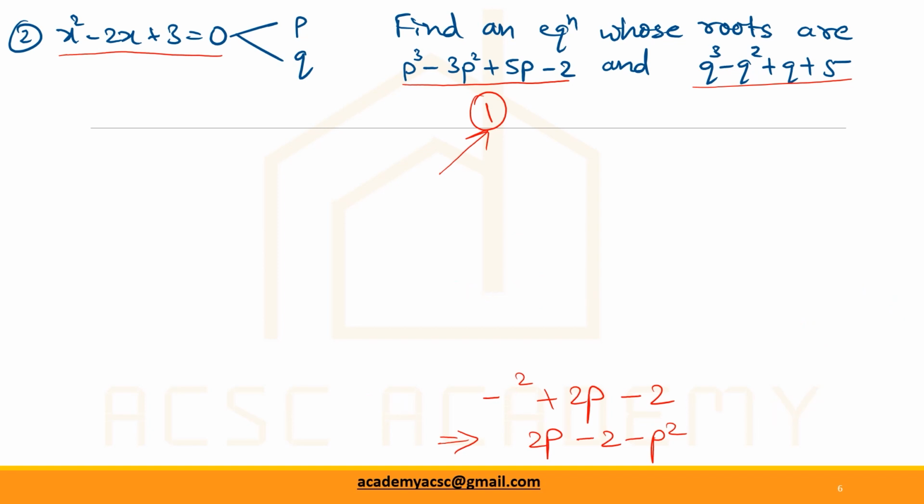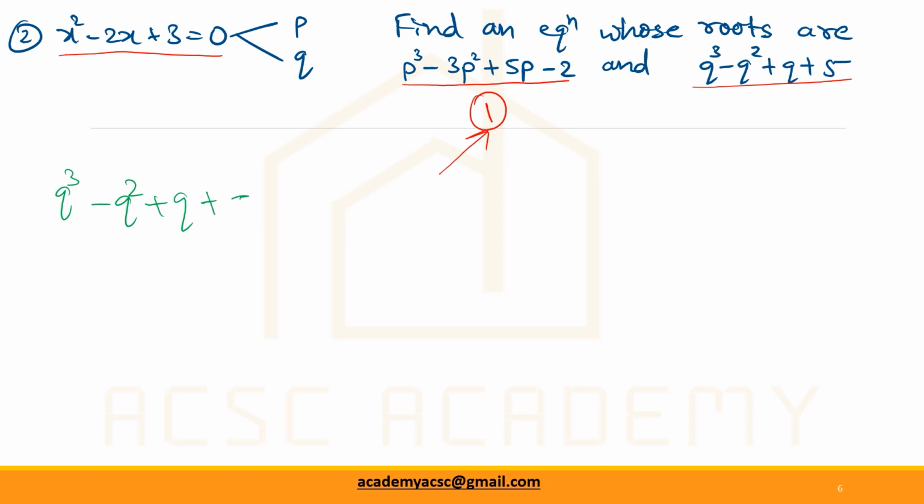All right. So what we'll now be doing is, this is the second root that we have, q cube minus q squared plus q plus 5. We know that in the same way, after substituting q in the equation, we get q squared minus 2q plus 3 equal to 0.